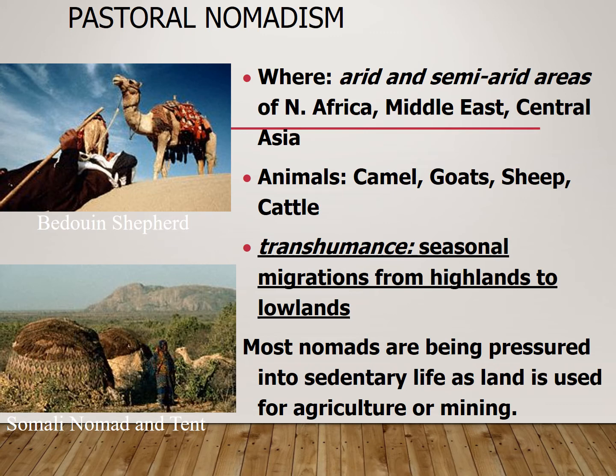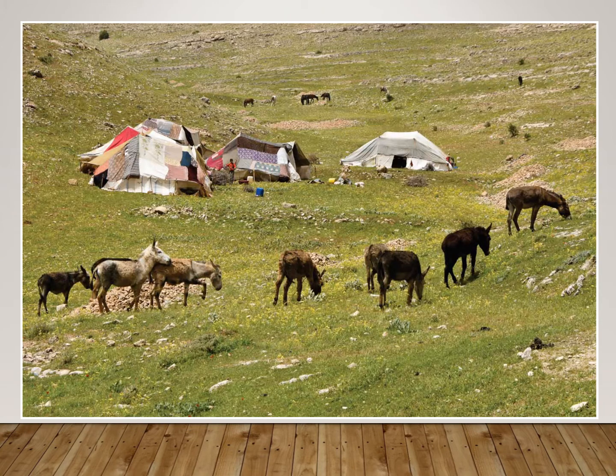Most nomads today are being pressured into sedentary life because more and more land is being used for agriculture or mining or some other exploitation. This is in Turkey, nomads pitching tents.